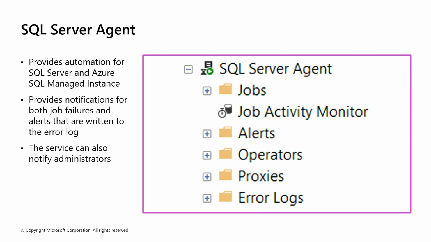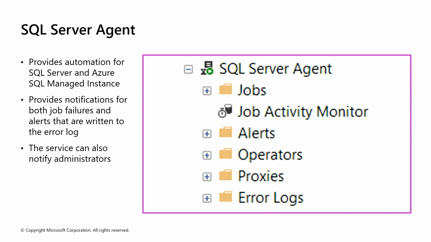The SQL Server Agent plays a critical role in automating and scheduling tasks within Microsoft SQL Server and Azure SQL Managed Instance environments. SQL Server Agent runs as a background process and stores job information directly in SQL Server. Jobs consist of one or more steps, each executing a specific task, such as backing up a database.